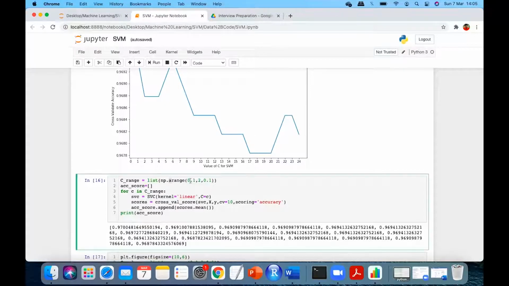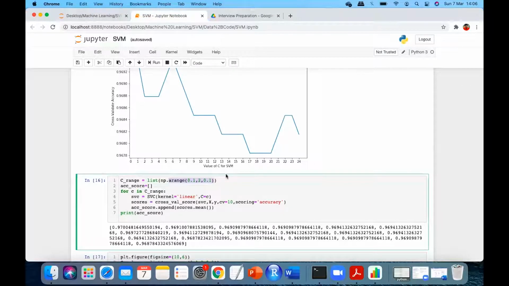What does arange do? NumPy must have been studied, arange. It will create an array for the range we supply. So can you tell me, if I have passed 0.1, 2 and 0.1, what does that mean?